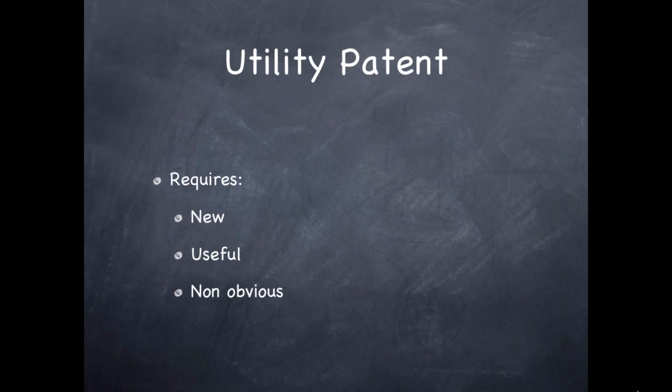Lastly, it has to be non-obvious. With a utility patent, the last concept dealing with non-obviousness, here we expand beyond your individual category within your industry, and we now look at other industries as well.